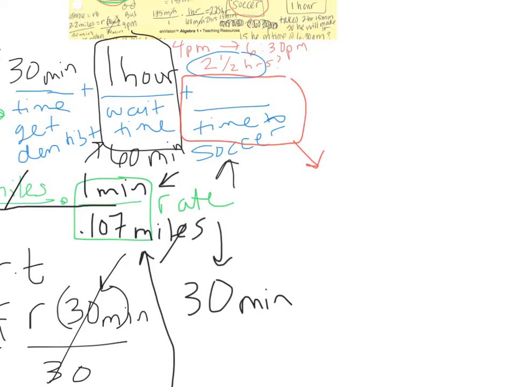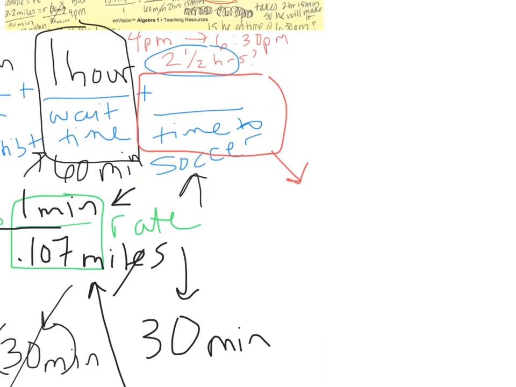it said that the miles to get to soccer was 4.8 miles. So we do 4.8 miles. Now that's not a time, it's a distance, right? So then we need to multiply by the rate, which we just found.